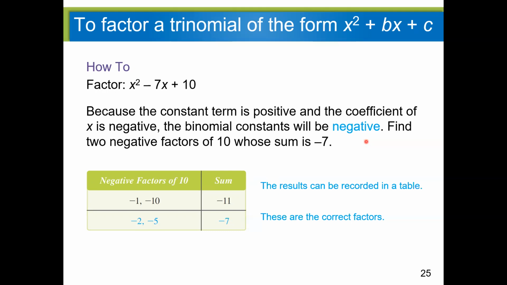So what negative factors can I add together to make -7 and multiply together to make +10? The factors are -2 and -5: they add up to -7, and -2 times -5 is +10.